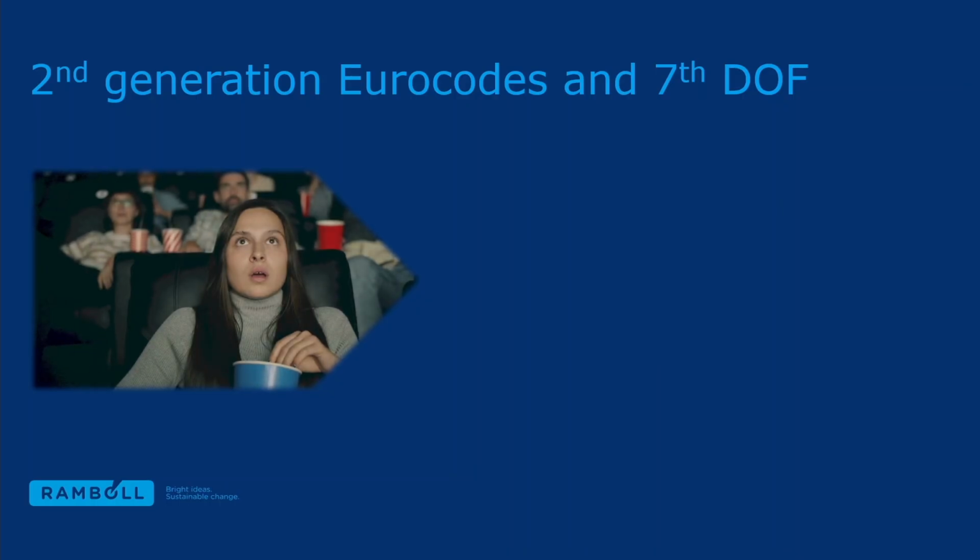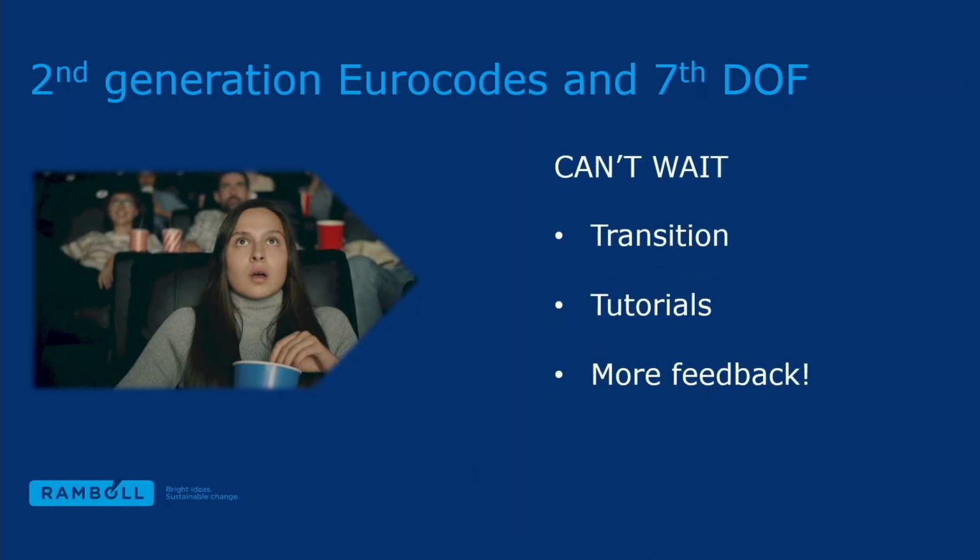But I can say already now, 2nd generation Eurocode, 7th degree of freedom, it's going to be a harsh transition. It's going to be something that we're going to struggle with out in reality. There's going to be a lot of feedback on it because we're going to do it the wrong way, or, like, if you catch all the changes in the new Eurocode the first step, I would be very impressed.